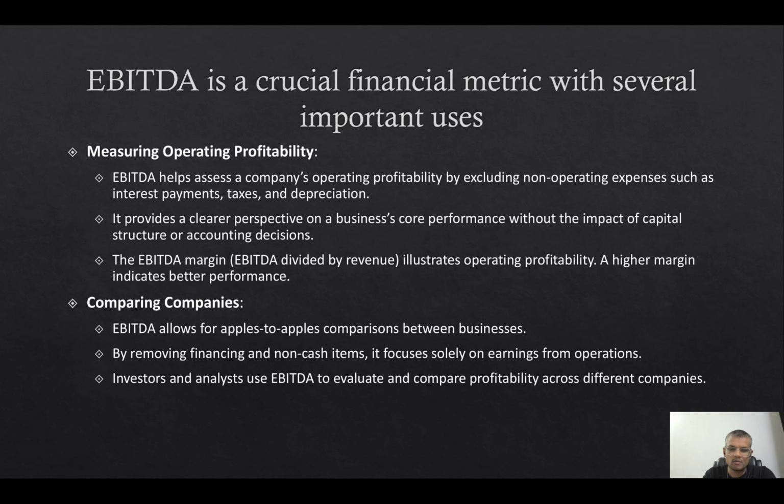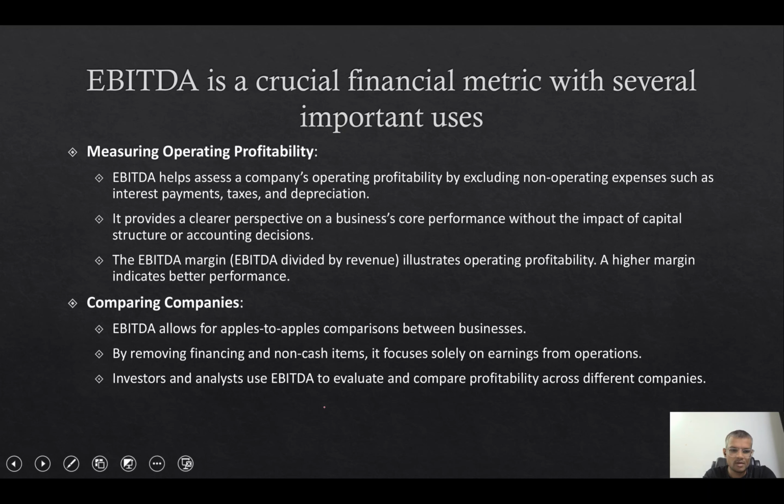So now we have understood how it is calculated. Now it is better for us to see the importance of EBITDA, how crucial it is. It is useful for seeing the operating profitability.